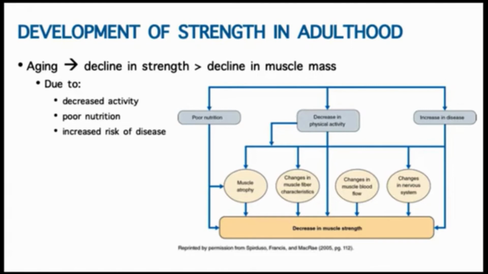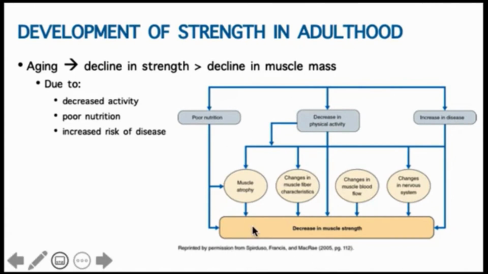Remember, strength is primarily based on muscle size and the cross-sectional area of a given muscle, not overall muscle mass. So aging can directly affect the muscular system, or it can affect strength indirectly by affecting other body systems.